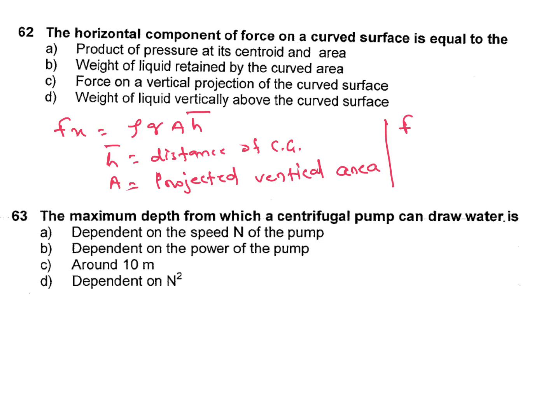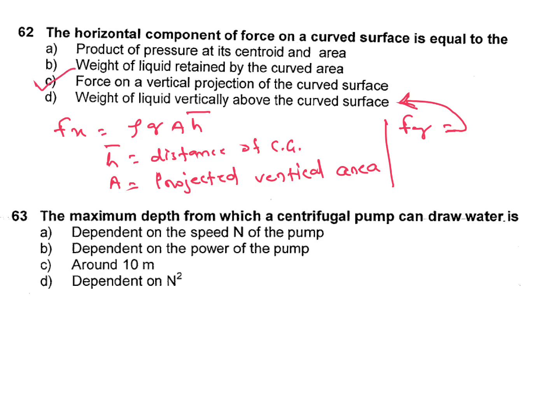And vertical force Fy is D, the weight of liquid vertically above the curved surface. But in this question they asked the horizontal component of force, Fx. So it's the force on the vertical projection of the curved surface.